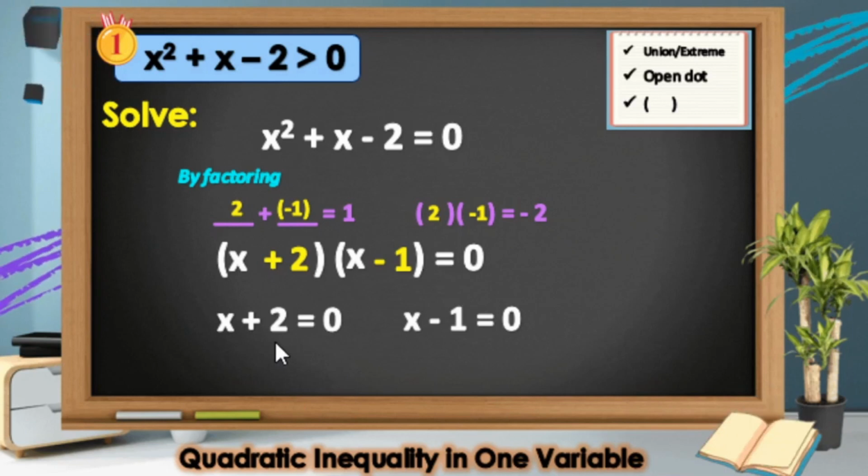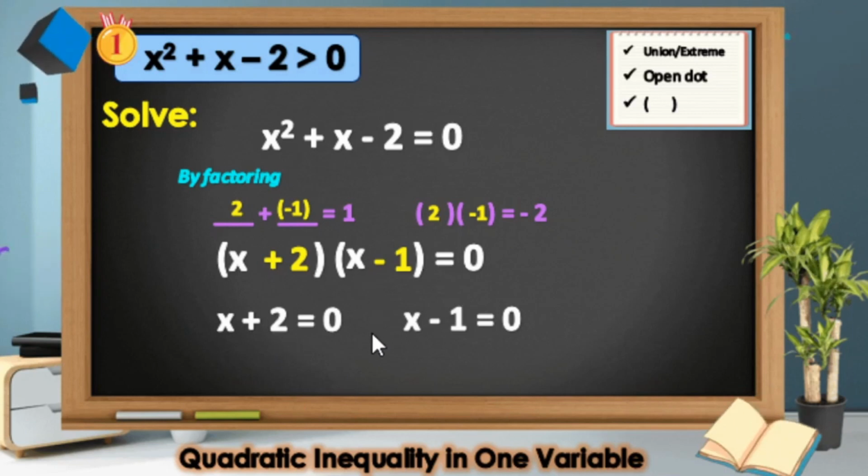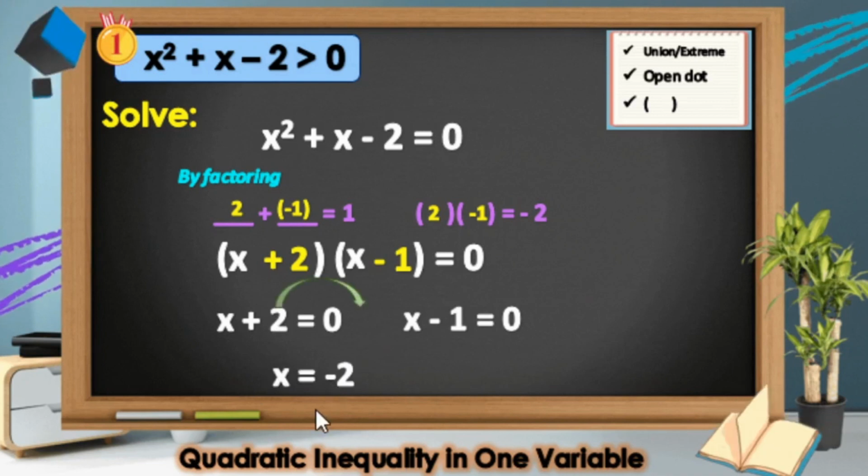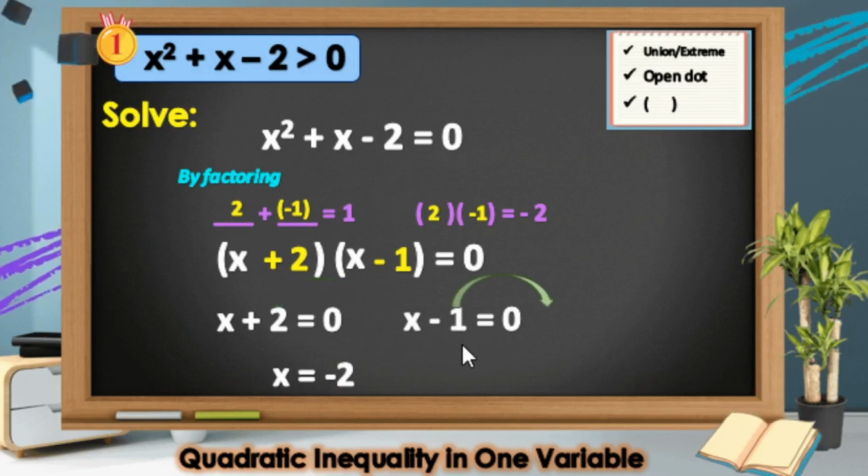Then, we have to transpose 2 sa kabilang side or sa right side of the equation, or yung tinatawag nating addition or subtraction property of equality. So, magkakaroon tayo ng x is equal to negative 2. And dito naman sa kabila, itatranspose natin si negative 1. So, magkakaroon tayo ng x is equal to 1 or positive 1.